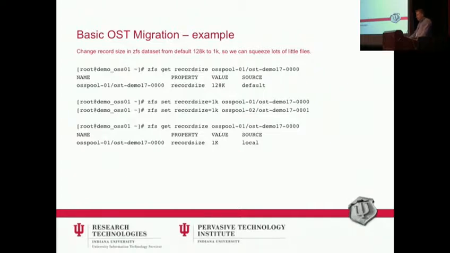We changed that to 1K, so basically we could create about 1 million files and not need as much capacity on disk to accomplish that. Our user environment is one that loves lots of little files, so that's what we wanted to replicate here, a bunch of small files.